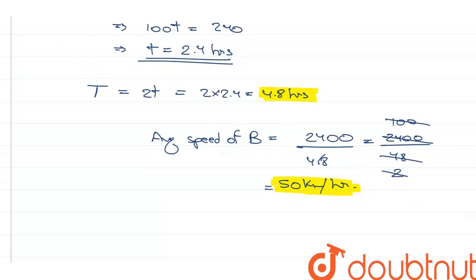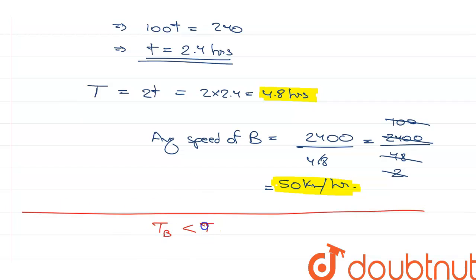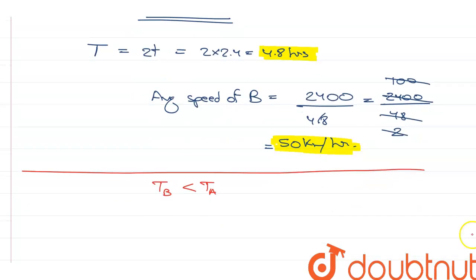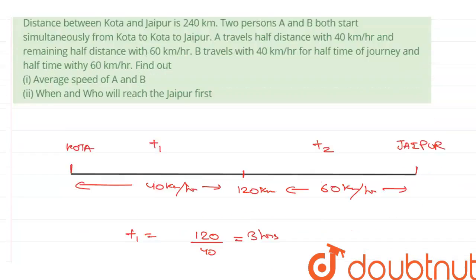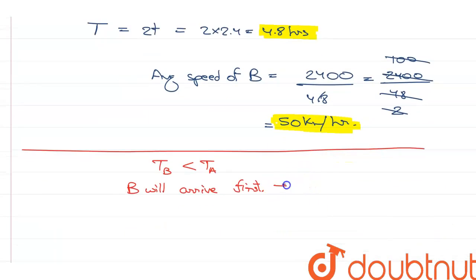So since 4.8 hours is less than 5 hours, that means time taken by B is less than time taken by A. So B will arrive first, and when will he arrive? He will arrive 4.8 hours after the journey begins.